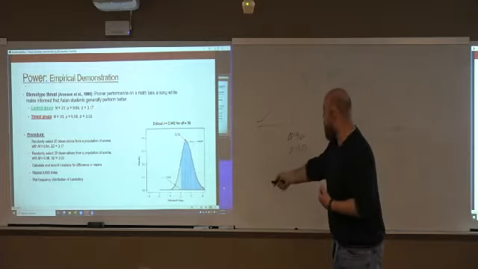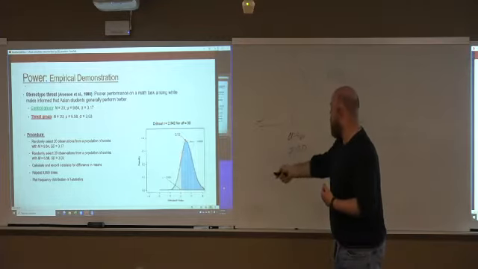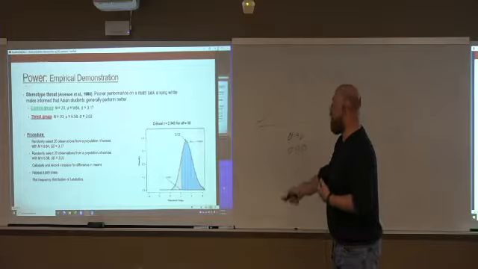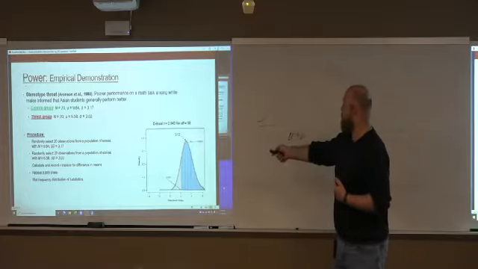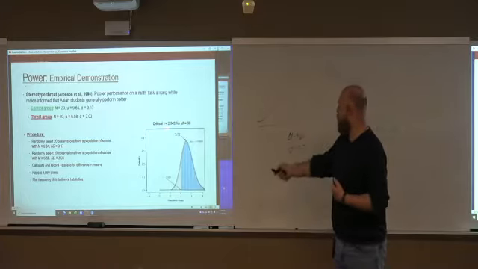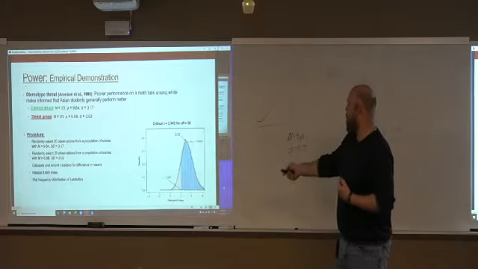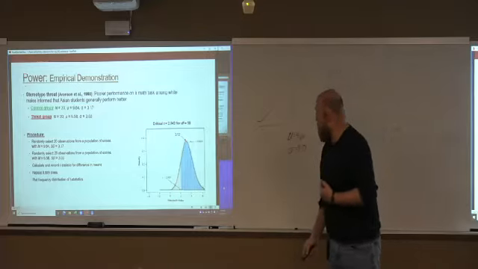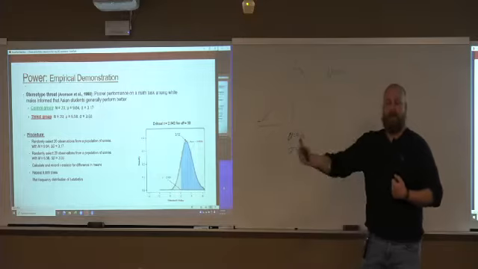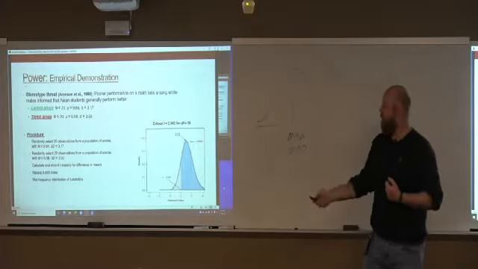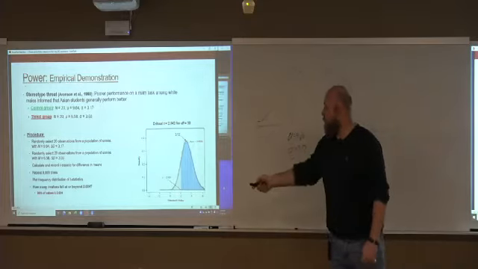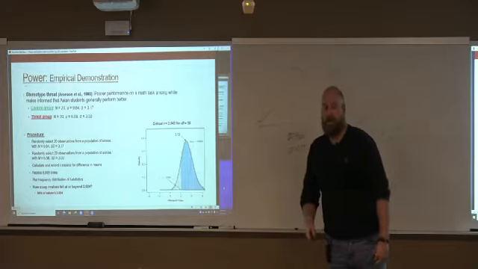But if I look at this distribution, and I take a look at what percentage of my t scores are exceeding this critical value of 2.042. Well, I got about 0.86 of those that are exceeding, okay? This here is going to tell me what my power is, okay?